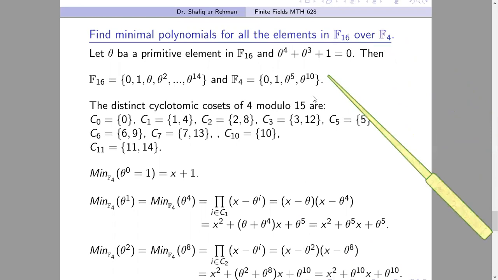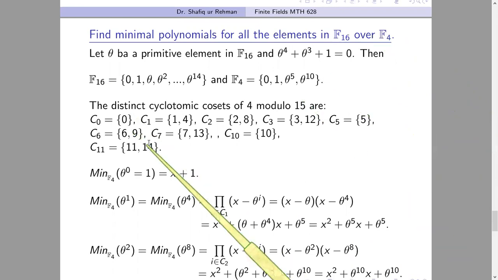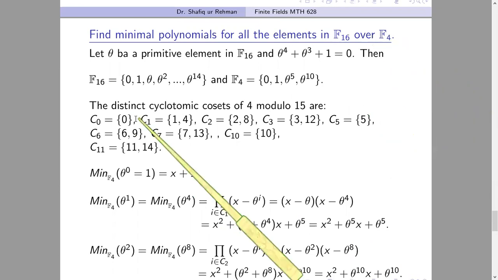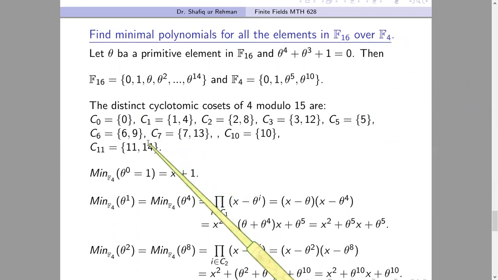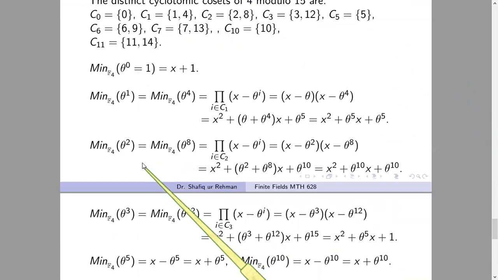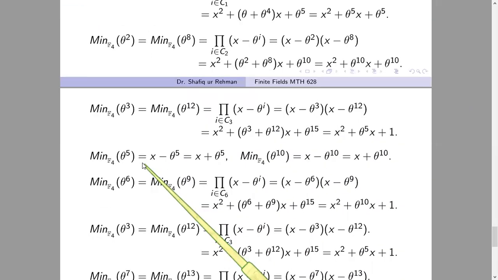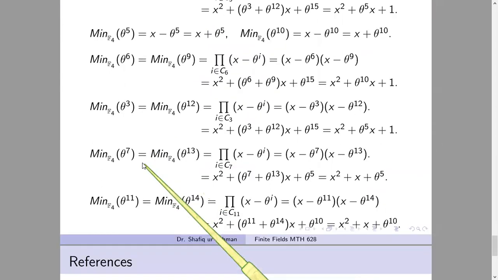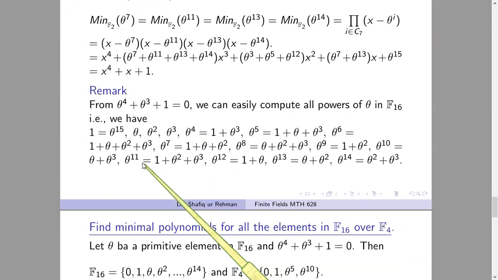By knowing this, the cyclotomic cosets will change. In the previous example, q equals 2, and now q equals 4. You observe that the size of cyclotomic cosets reduces, but the number of cosets increases. In other words, the degree of minimal polynomials reduces, but the number of minimal polynomials increases. And this is a nice observation.